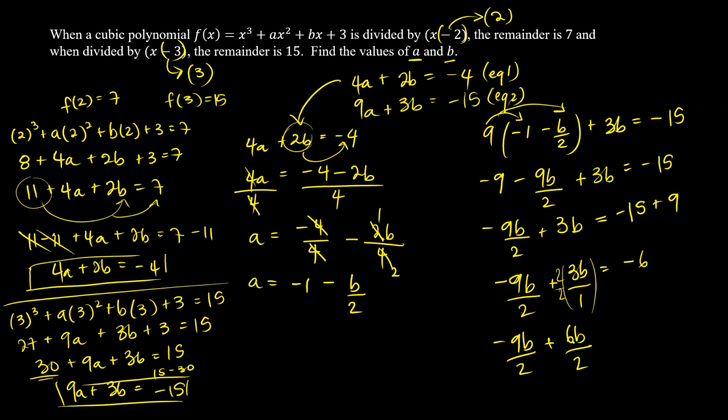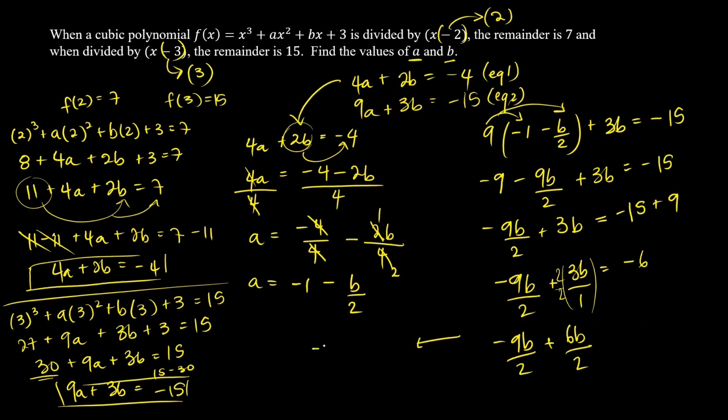So now we have negative 9, right? Plus 6, which is literally 6 minus 9, and we'll keep the sign of the negative 9 here.